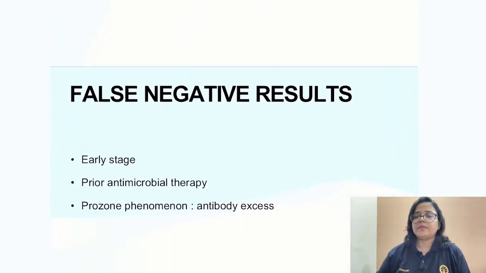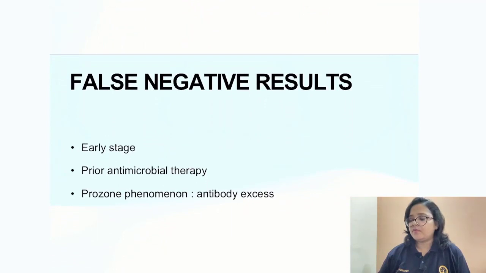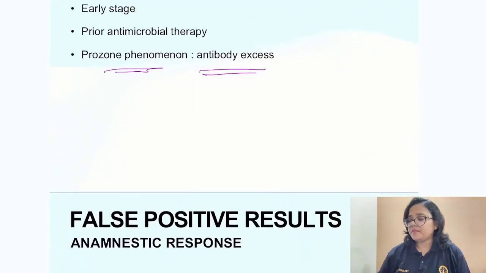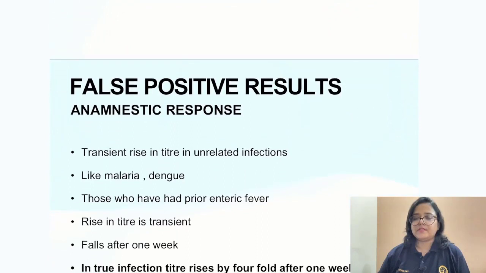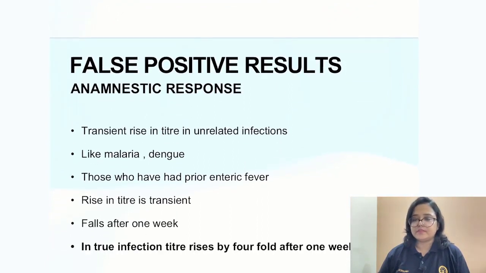Now the Vidal test may be either false negative or false positive in some situations. False negative when it is a very early stage of illness, fever duration is very short, prior antimicrobial therapy, or when there is prozone phenomenon, lattice formation due to antibody excess. And false positive results are also known as anamnestic response.